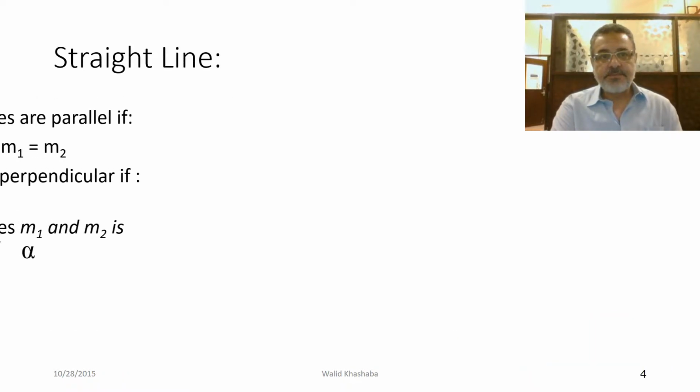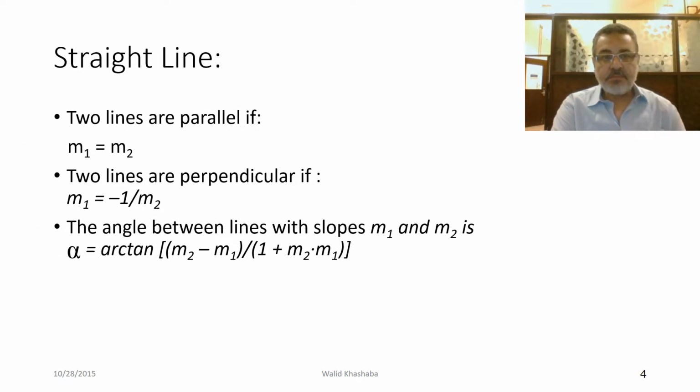Well, so we have a relationship between any two lines on the graph. If these two lines are parallel to each other, then the slopes must be the same, must be equal.